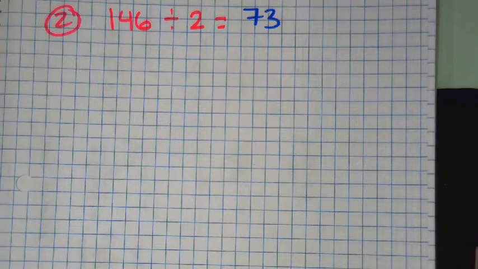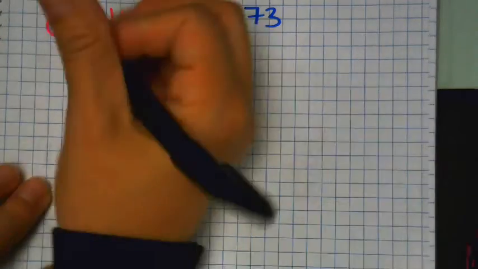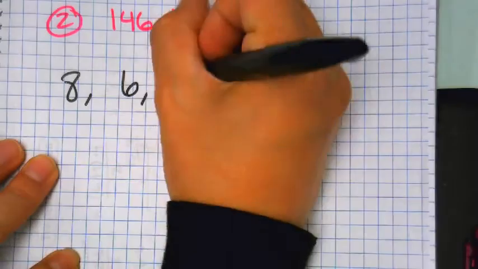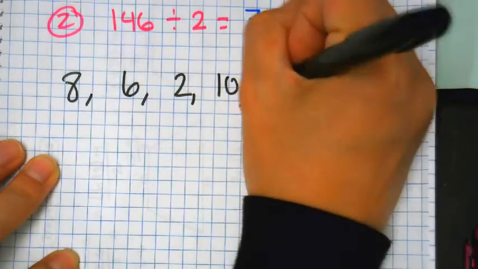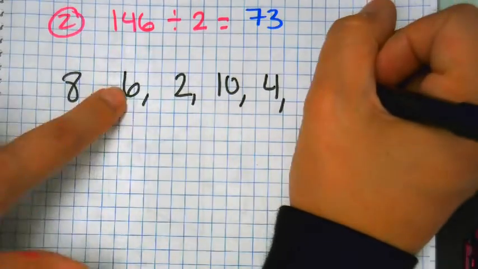This one's not going to be in order, so let's write this down. 8, 6, 2, 10, 4, 9.